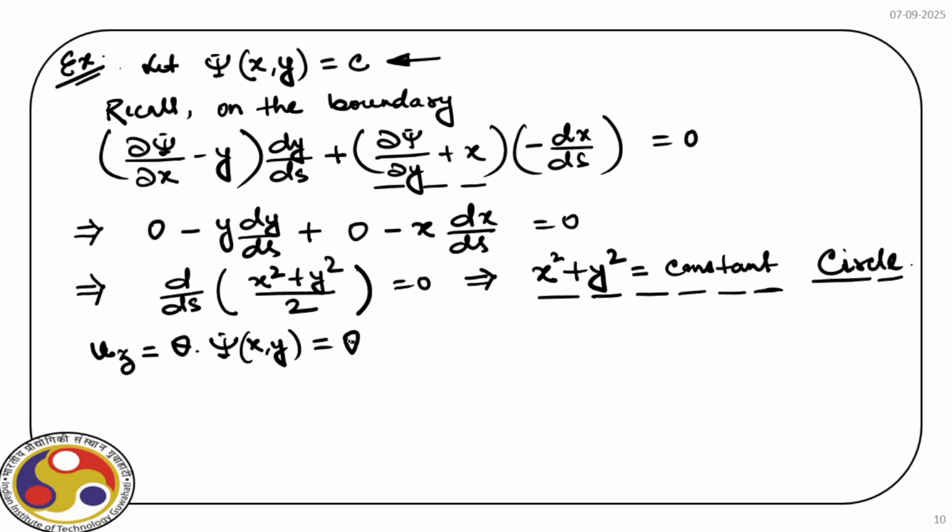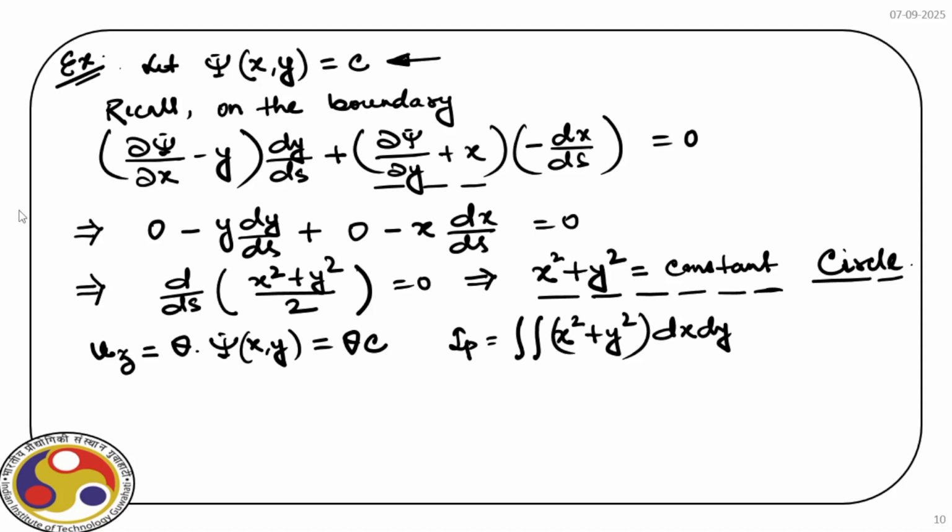So we have theta c. What is IP? IP is equal to double integral x square plus y square dx dy.